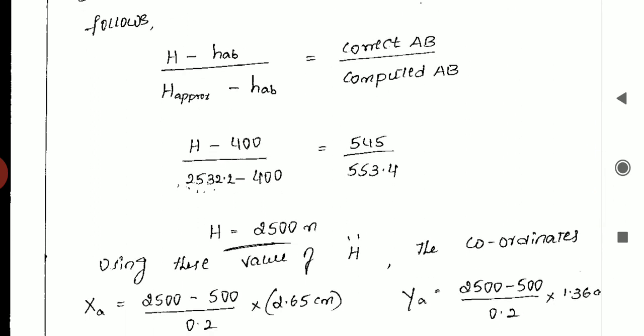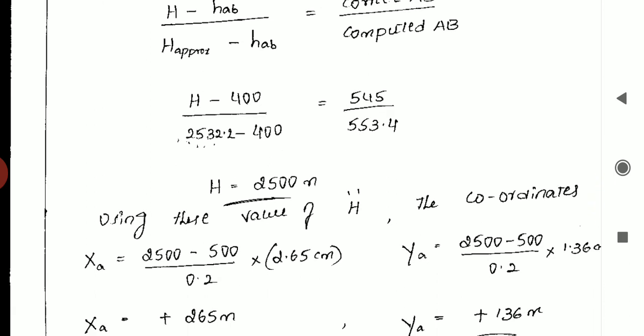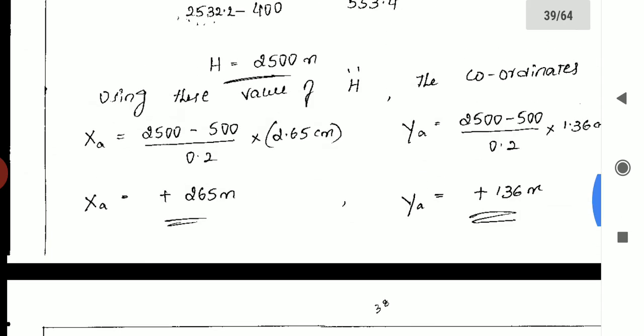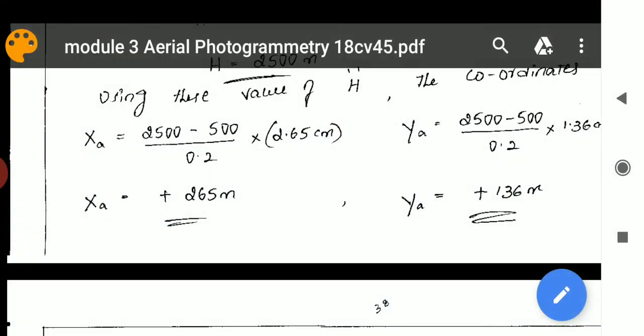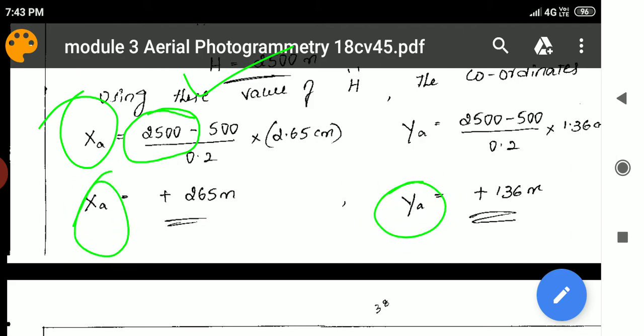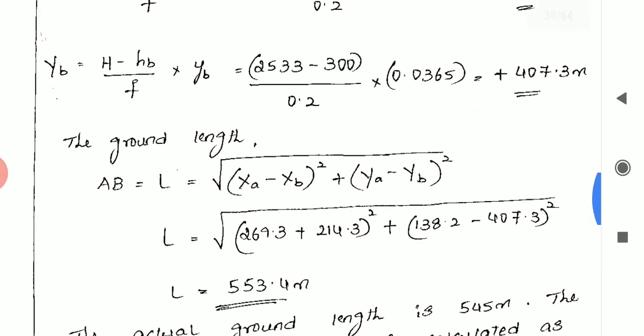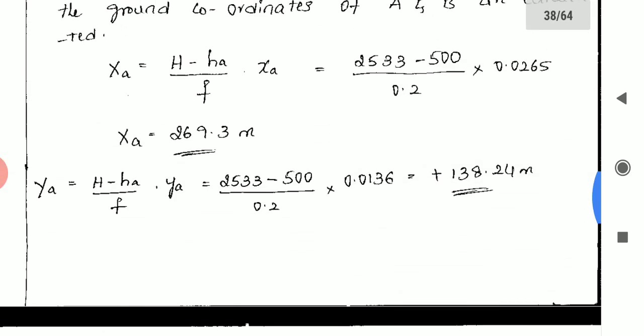Okay. So see here, H is the real height above the mean sea level. By using all these, we will get the height: hA, hB, and in these cases we have to mention this H value. Here the H value 2500 we applied, and in these cases he applied the approximation value.